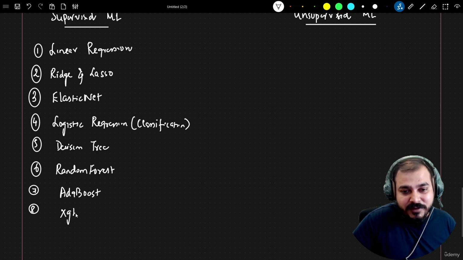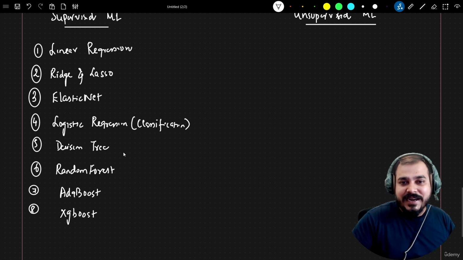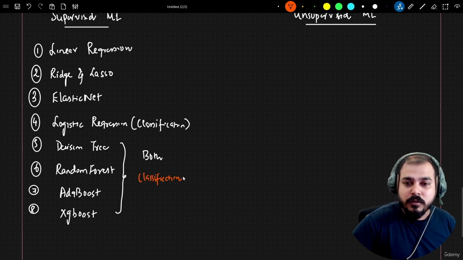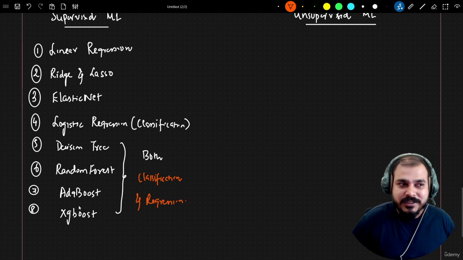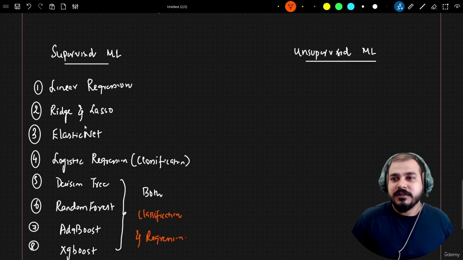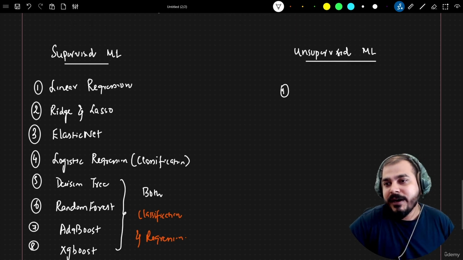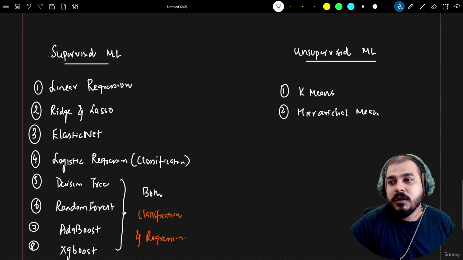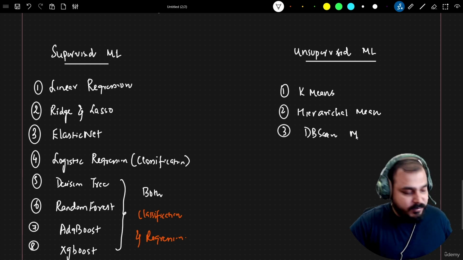Then we will see something called XGBoost and random forest. These are bagging and boosting techniques, and with the help of these algorithms we can solve both classification and regression problem statements. AdaBoost, XGBoost, CatBoost are also there, so we'll try to solve all of these. In unsupervised machine learning, we will learn about algorithms like k-means, the hierarchical algorithm, then DBSCAN clustering.